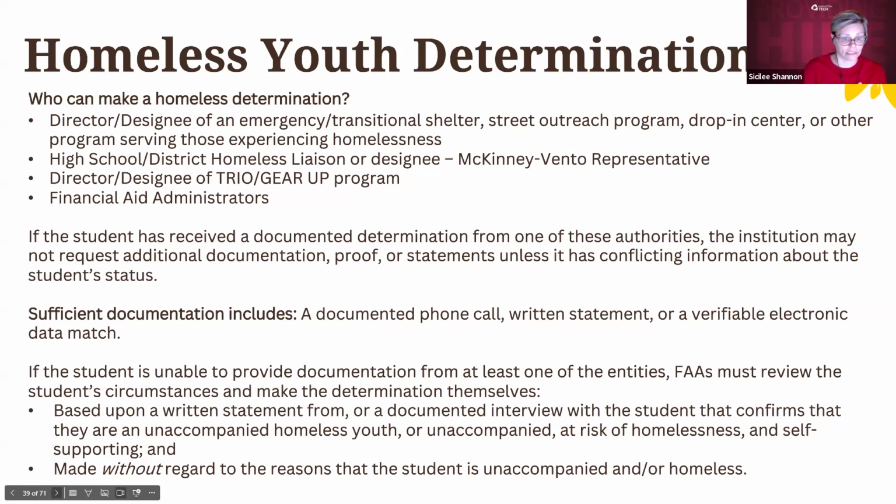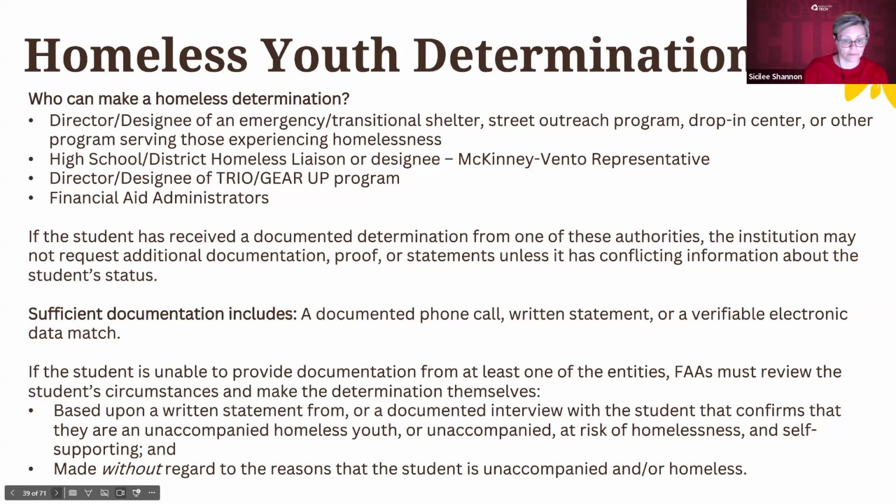If the documentation is sufficient, it generally will include things such as a documented phone call, written statements, and verifiable electronic data matches. If the student is unable to provide the documentation from at least one of the above entities, FAAs, or financial aid administrators, will review what has been provided, review the circumstances, and then help make the determination on their own as to whether you could fall under that homeless status.